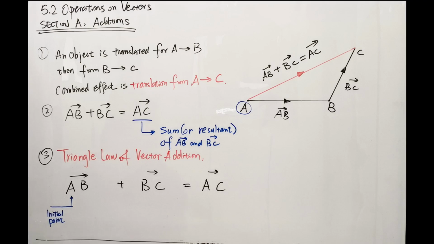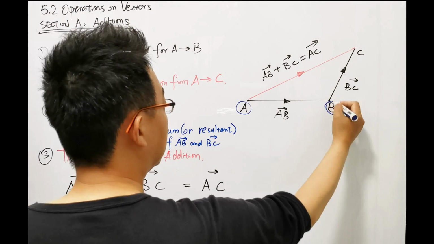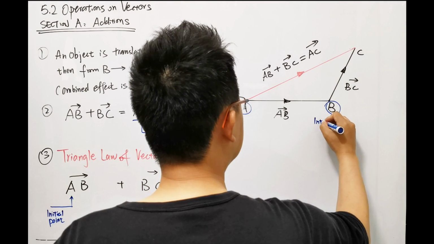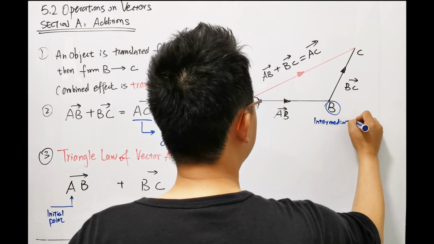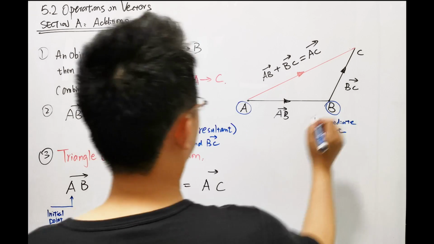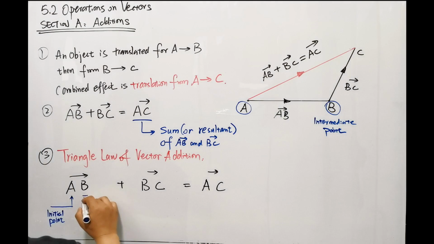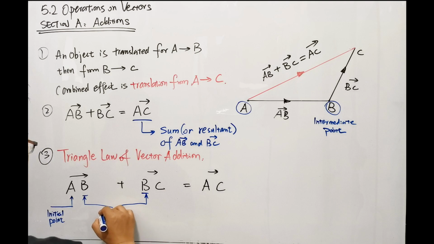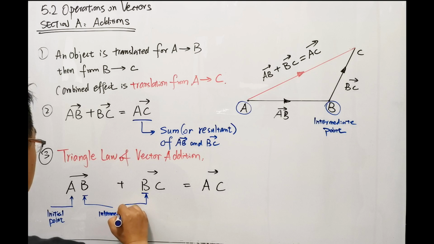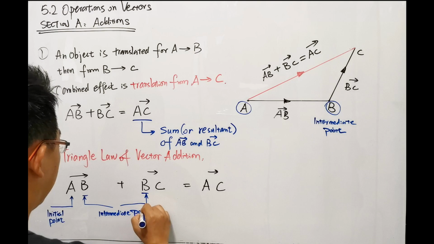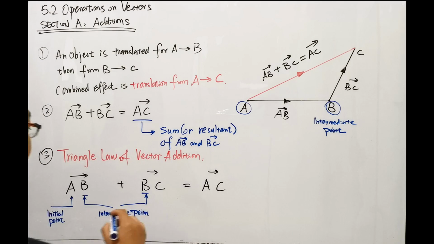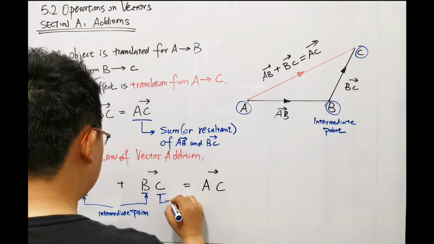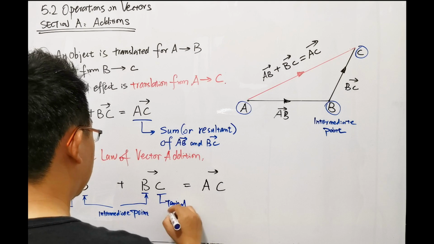B is the intermediate point, or we call it the middle point. And then C is our ending point, or we call it the terminal point.